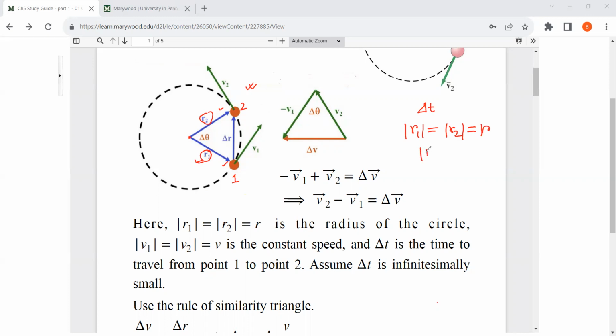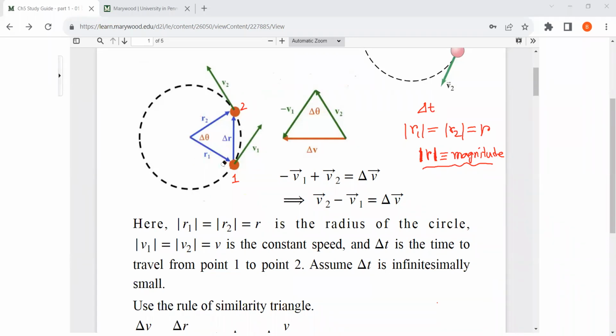When you use this absolute symbol around some quantity, we call it the absolute value. The absolute value of r means we are talking about the magnitude of a vector. So the magnitudes of vectors r1 and r2 are the same, and that is the radius of this circular path.